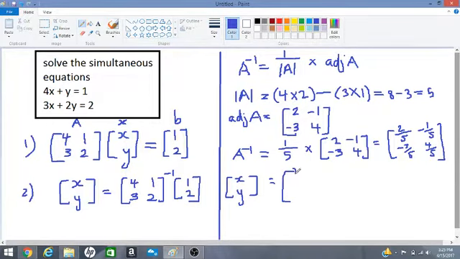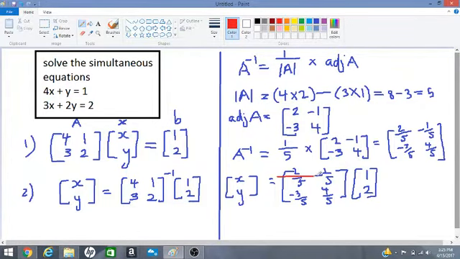So let's do that as equal to 2 over 5, minus 1 over 5, minus 3 over 5 and 4 over 5, times 1, 2. Let's do our multiplication row by column.